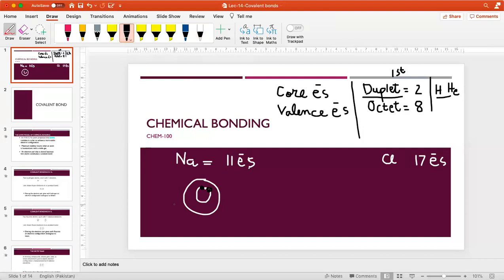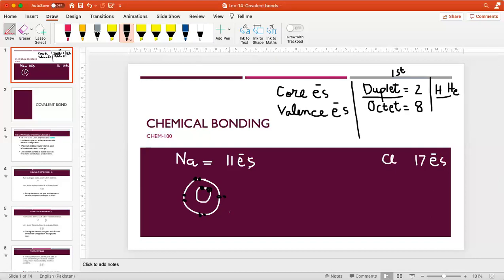So 8 came in: 1, 2, 2 here, 2 here, and 2 here. These are the 8 electrons which I have accommodated in the second shell of sodium.